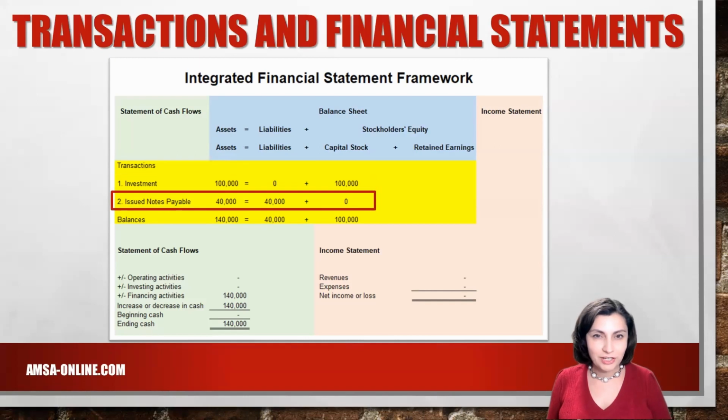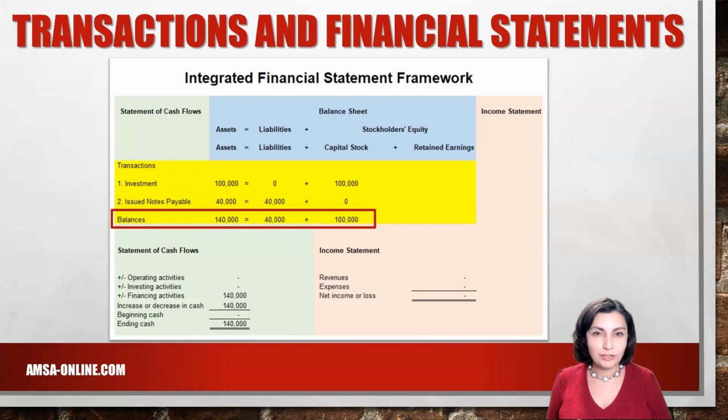In the second transaction, $40,000 in assets equals $40,000 in liabilities. The accounting equation balances. Totals for two transactions, $140,000 in assets equals $40,000 in liabilities, plus $100,000 in stockholders' equity.